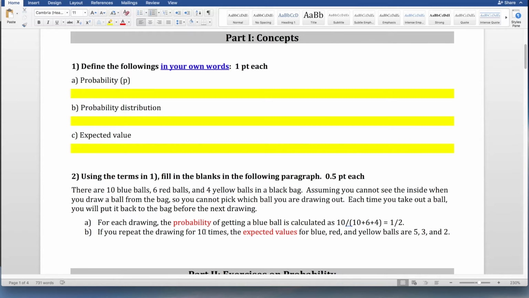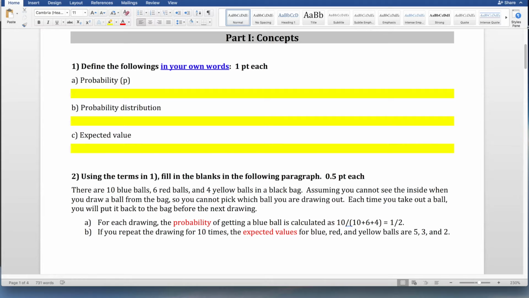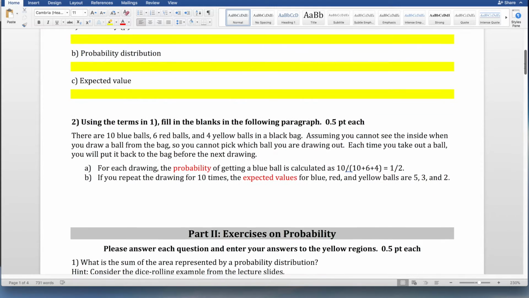So if we want to do the math for this, just to understand why it is we're getting these values, we can use this probability for the blue ball as an example. So if we were to draw from the bag, what would our probability for getting a blue ball be? So it'd be 10, because there are 10 blue ones in the bag, and then it would be out of all of the balls that are in the bag.